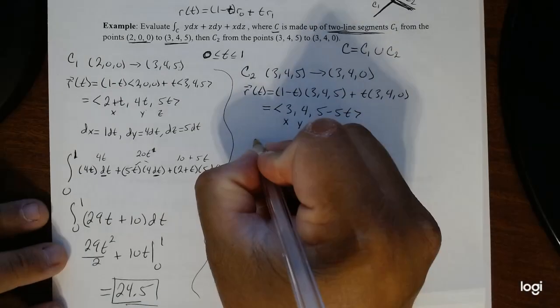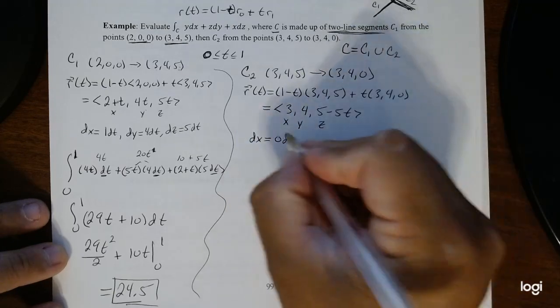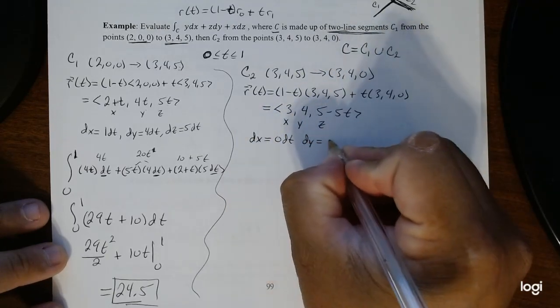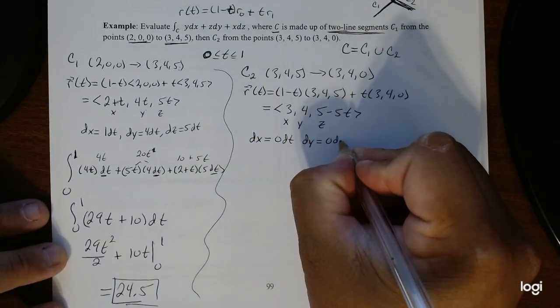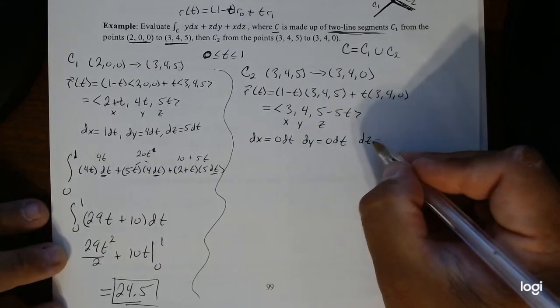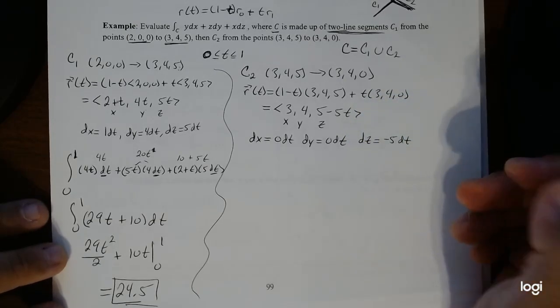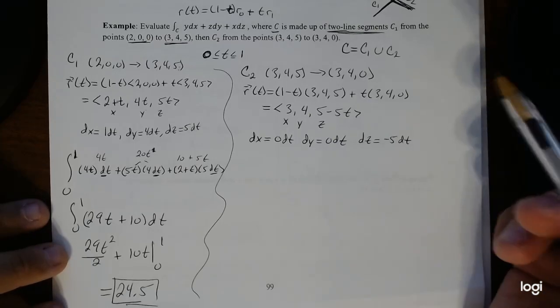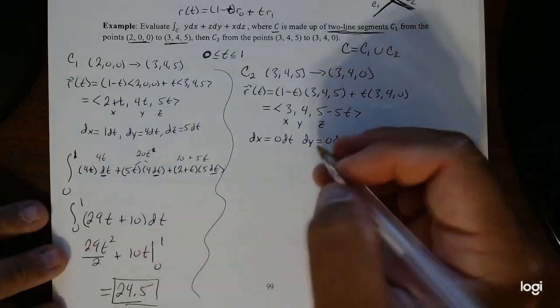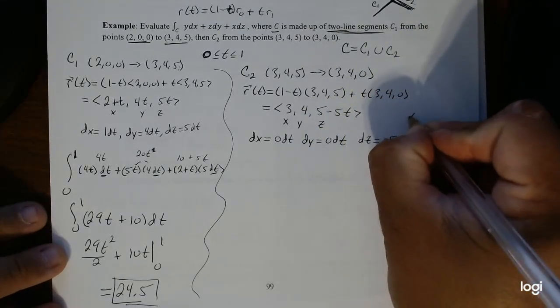Which makes it much easier because now the derivative is just going to be 0 dt. For y, it's also 0 dt. And then for z, it's just going to be negative 5. And again, same thing. Since we're on those portions of it, we could just go from t itself.